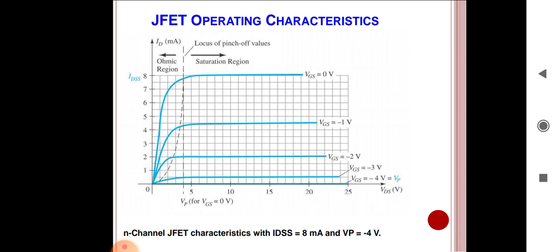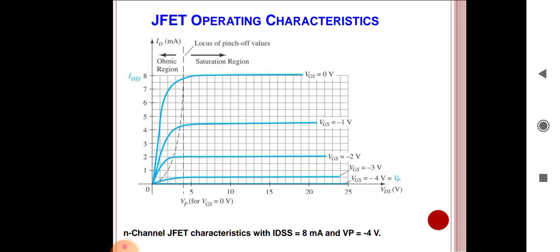Then the characteristics is divided into three regions, as I explained to you: cutoff, ohmic, and saturation. Cutoff means with increase in negative gate voltage VGS, the channel width available for conduction decreases. At a certain voltage VGS, the depletion regions touch each other, which closes the channel completely.